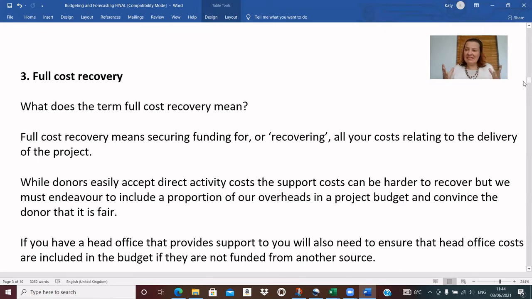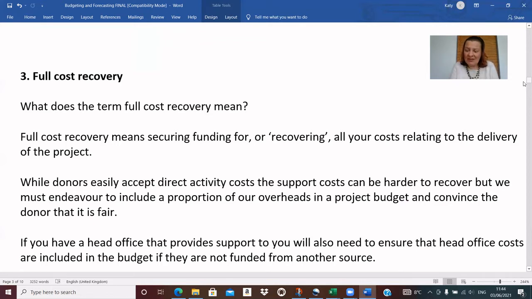So the essential infrastructure includes your admin staff, your finance staff, your country director, your logistics operations, the office that you're operating from, the training for your staff. All of these are absolutely essential in delivering effectively your project.